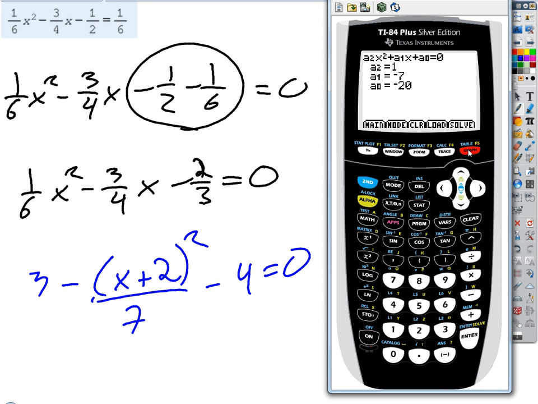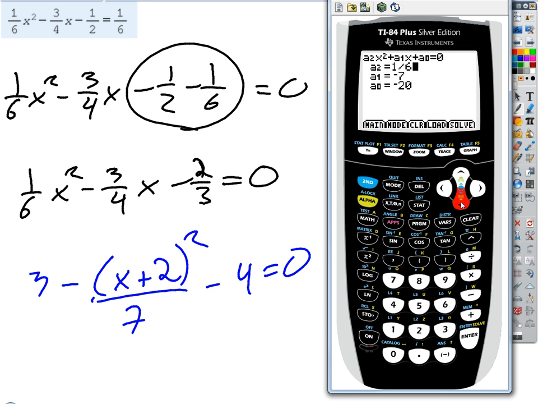All you have to do is put in the coefficients. It wants it in the form a2 x squared plus a1 x plus a0 equals 0. So a2 in this case would be 1/6, right? So for that one, we'll just do 1 divided by 6.